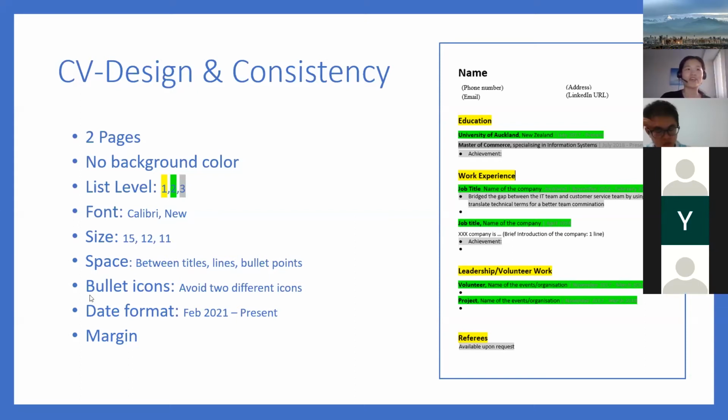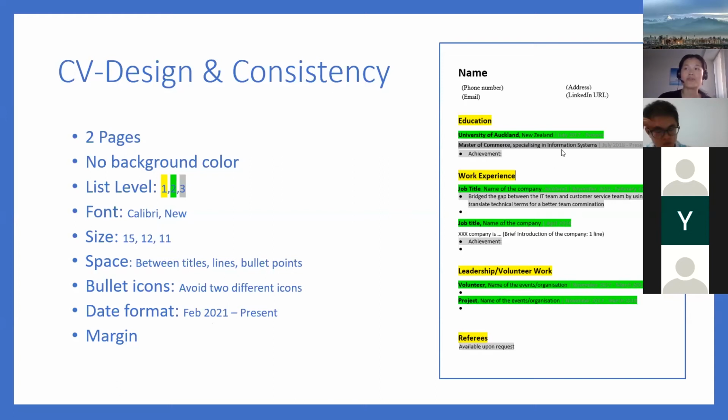Next, bullet points. Avoid 2 different bullet point icons. In my CV, I chose the circle dots one, and you can choose different ones as long as you keep the whole CV consistent. And also date format is something that I found a lot of CVs don't keep consistent.